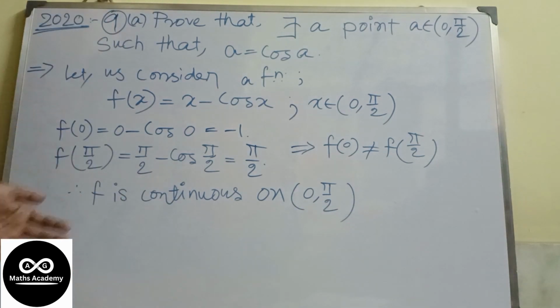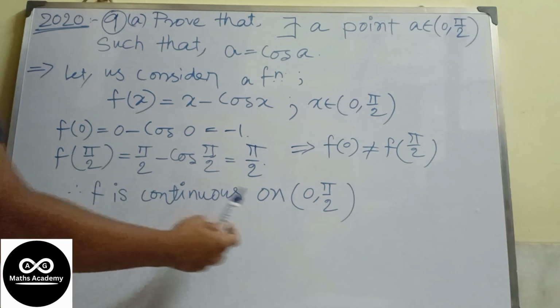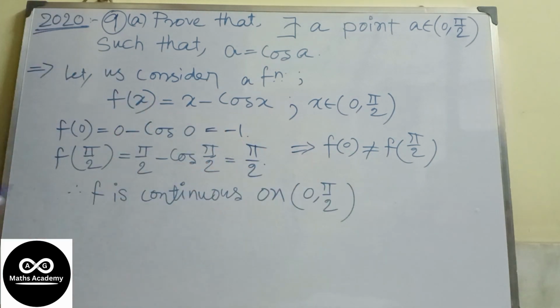What do we get? f is continuous on this interval, and the function values at the end points are unequal and are of opposite signs.